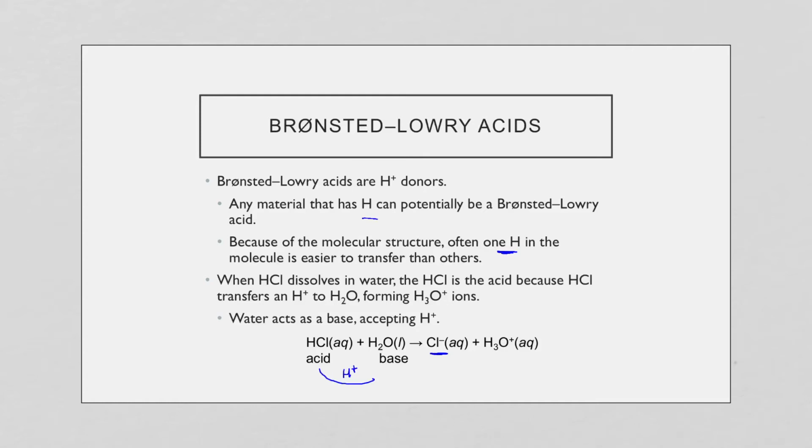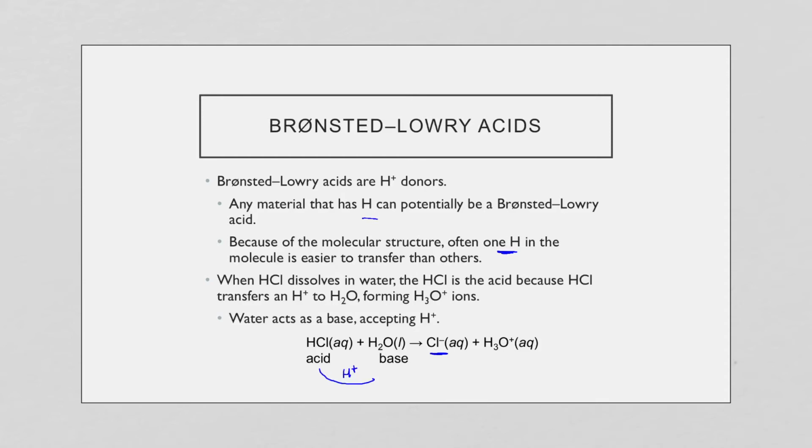Now, there has to be something to accept it. One thing that's kind of unique about the Bronsted way to think about it is that there is always an acid and a base in a reaction, even if it's not a, quote, neutralization reaction like we talk about with Arrhenius, because if we think about it as a transfer or a donation, then something has to accept. So there is always an acid and a base in a Bronsted viewpoint.